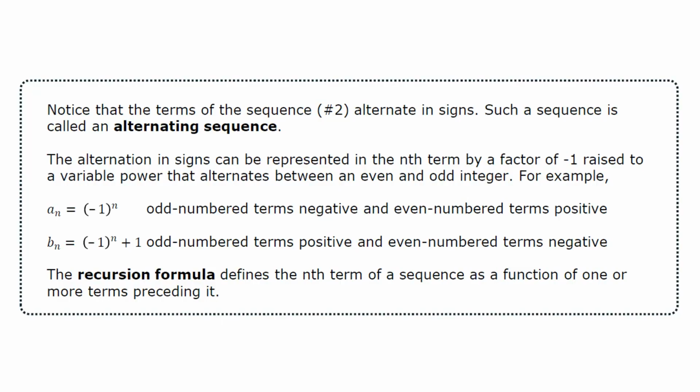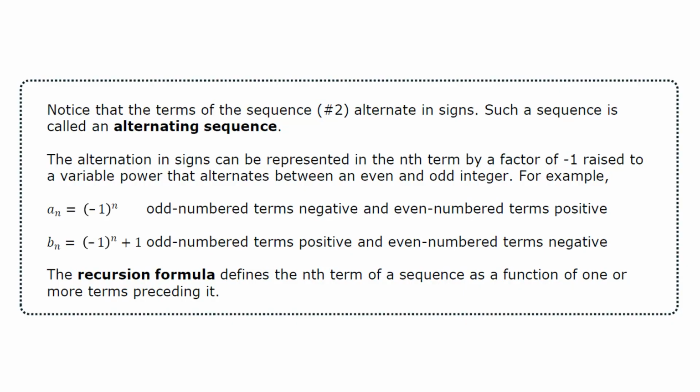For example, a sub n equals negative 1 to the power n would represent odd number terms that are negative and even number terms that are positive. Now, if we have b sub n equals negative 1 to the power n plus 1, this would be odd number terms that are positive and even numbered terms that are negative.